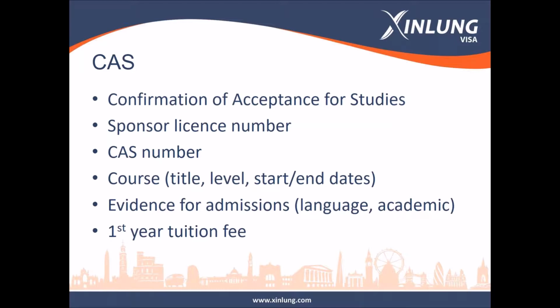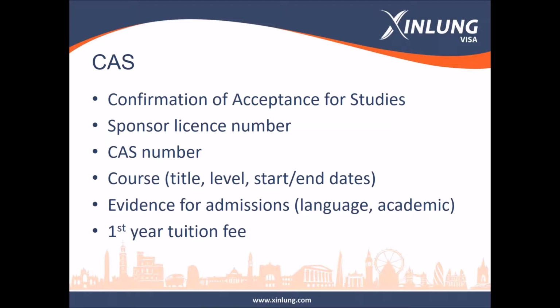When we receive the CAS, the most important thing is to look through all the essential parts and the information, and make sure they are correct. These are the elements we need to check on the CAS: the sponsor license number, CAS number, course, evidence for admissions, and the first year tuition fee.